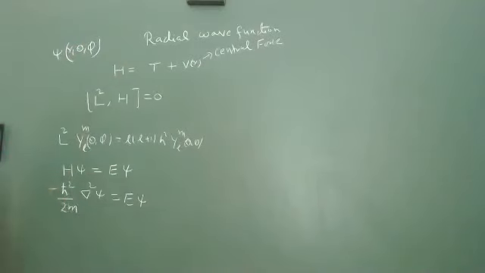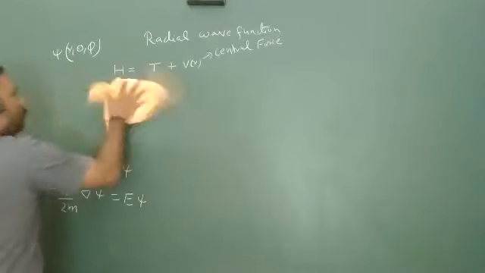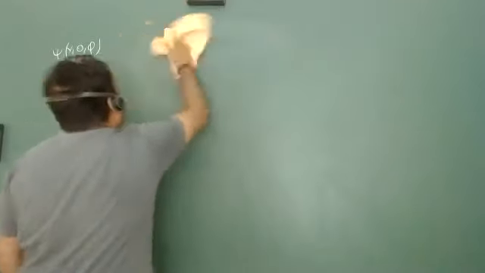Now, what is this del square? This del square is nothing but the Laplacian in the spherical polar coordinate system. So I have to use this Laplacian to solve this differential equation. Let's go for the complete equation. I need a lot of space to solve this type of problem, so I am removing all this.